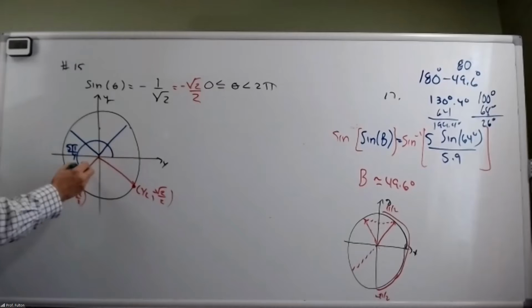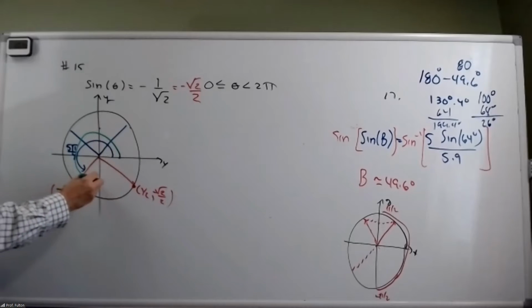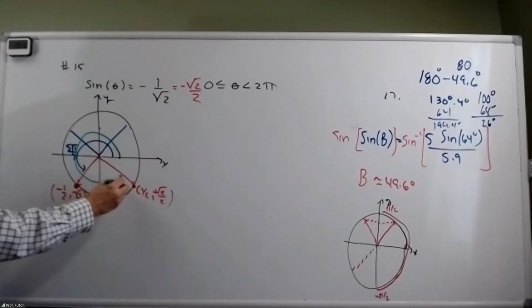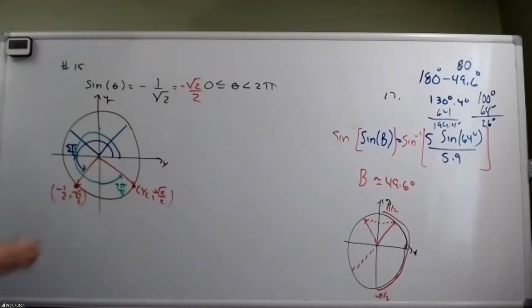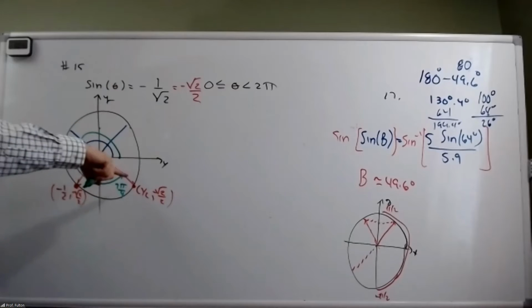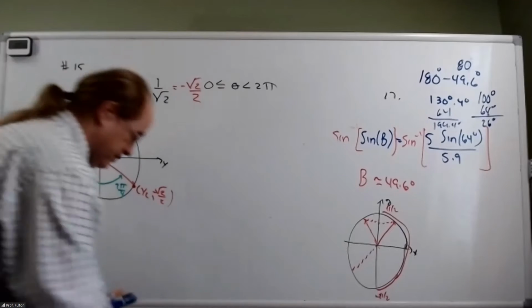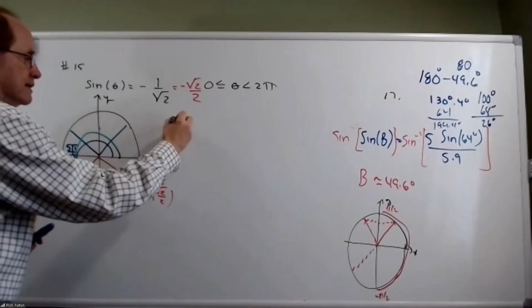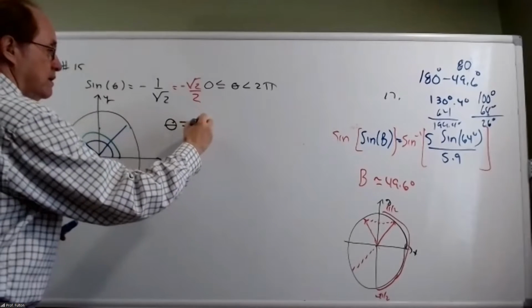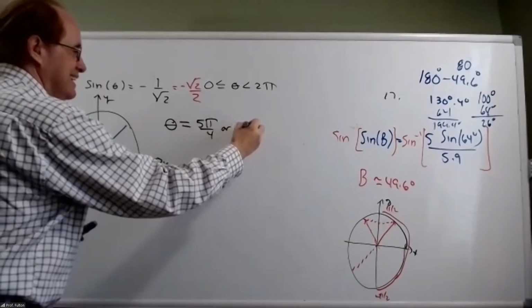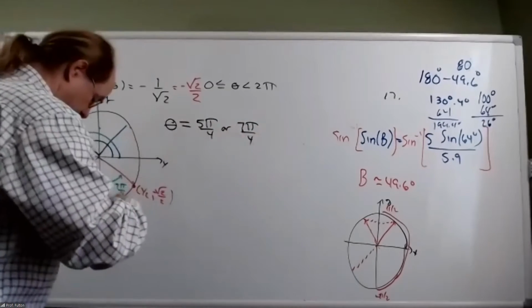So there's my 5, 6, and then 7 pi over 4. So that's my answer to this. It's either 5 pi over 4 or 7 pi over 4 is the solution to this. This is the exact one. So theta is exactly equal to 5 pi over 4 or 7 pi over 4.